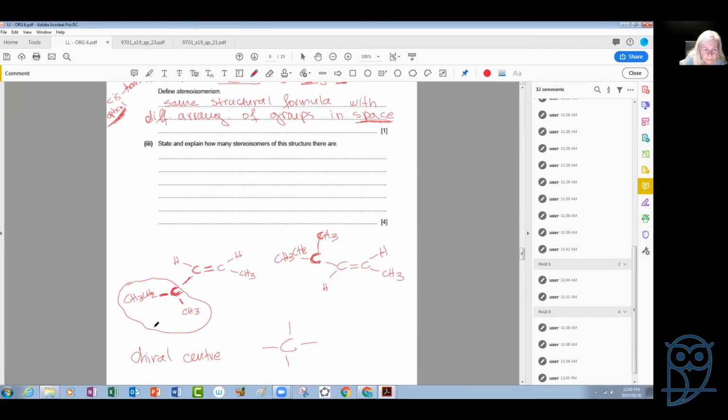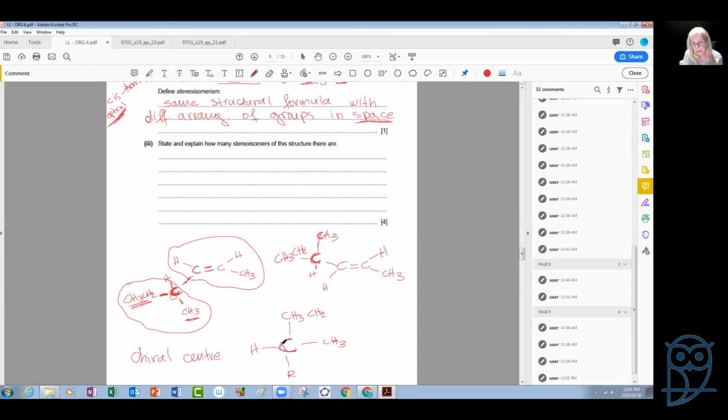One is this alkyl group here. Another is a methyl group, and another is the hydrogen, which I forgot to write. The other one is all that part that contains the double bond, let's call it R.